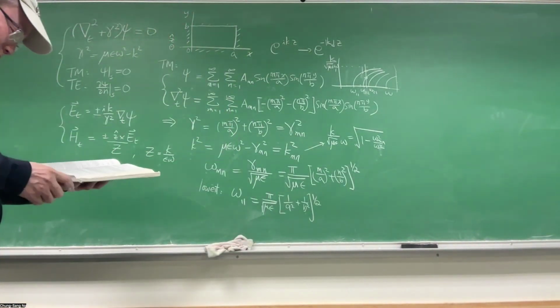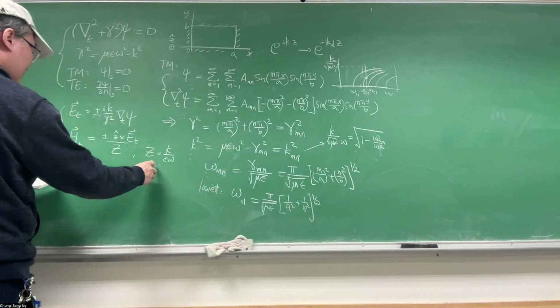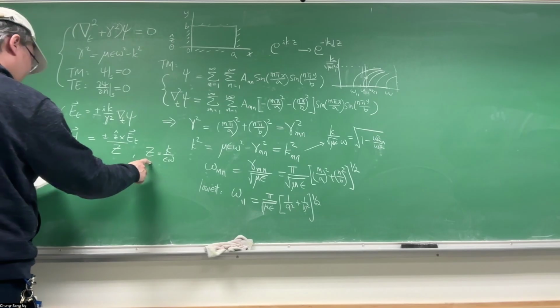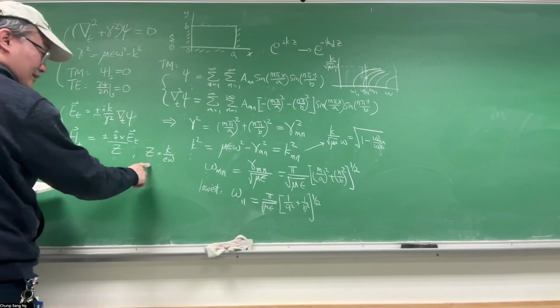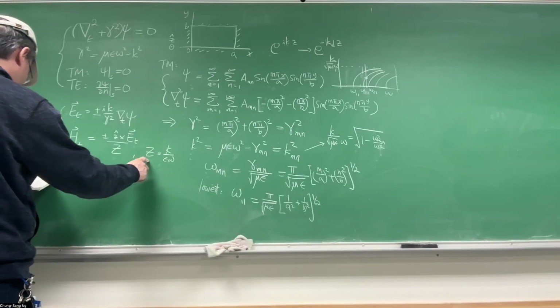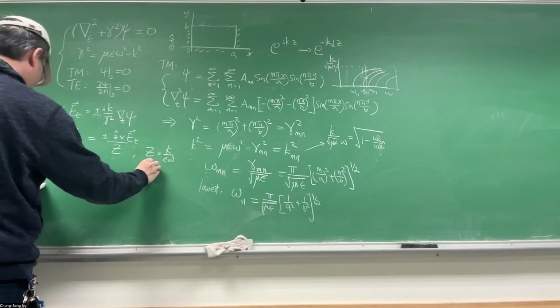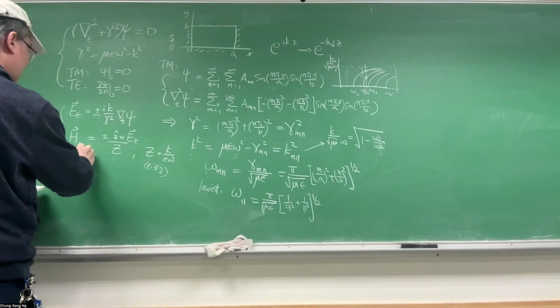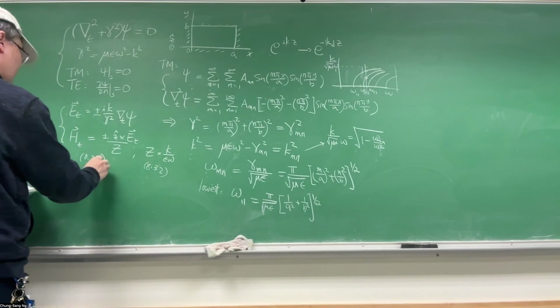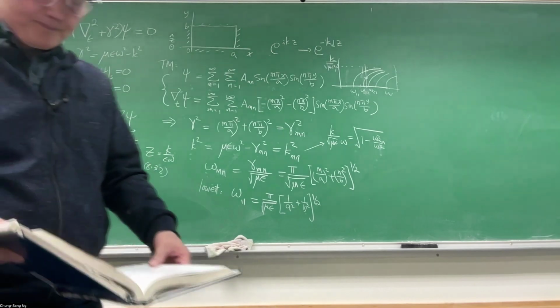It is in the textbook, so you can go back to the textbook. This Z is not the coordinate z. This is just capital Z. It is just a symbol, a variable. So this equation is 8.32. This is 8.31.